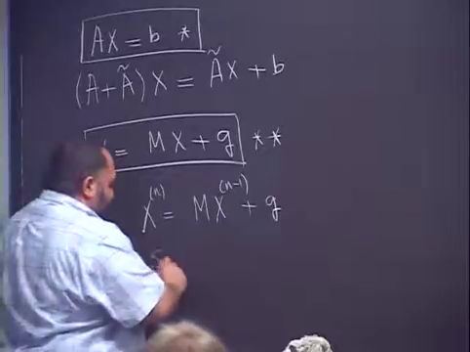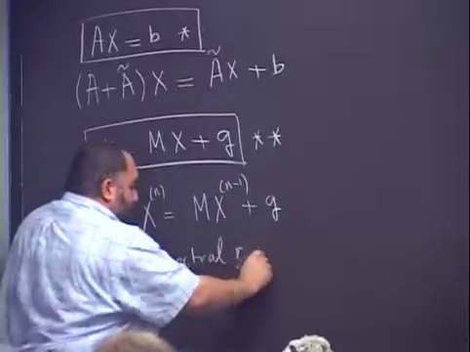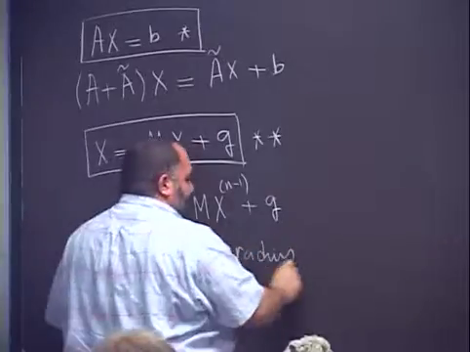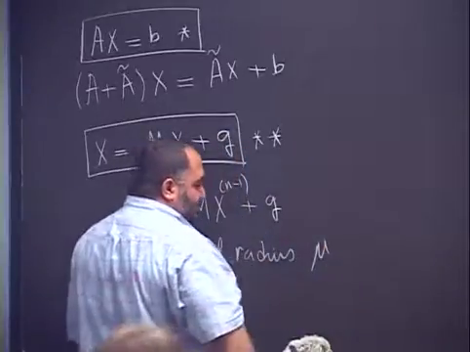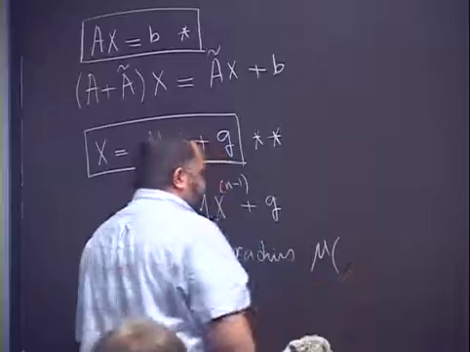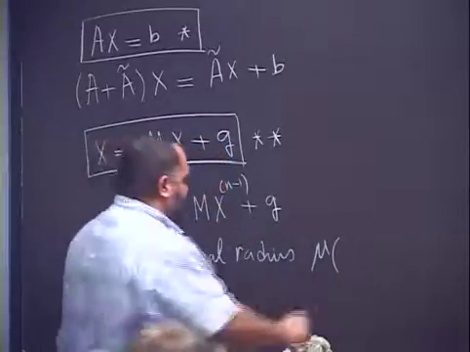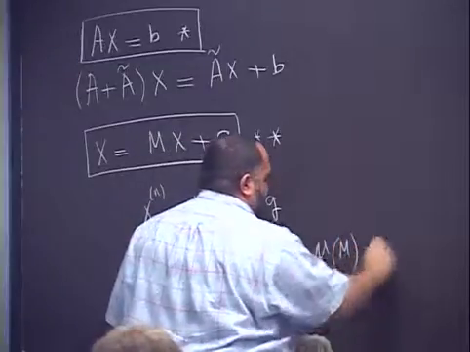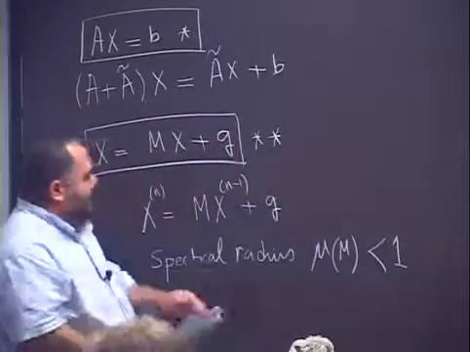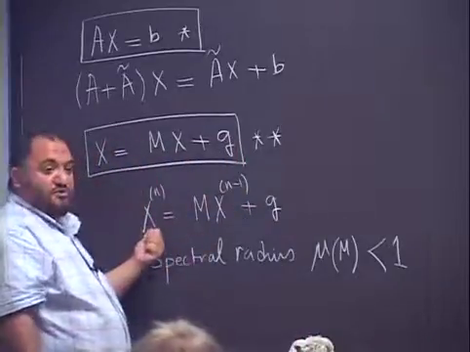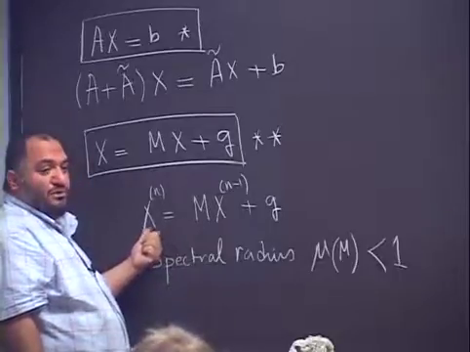The spectral radius of what matrix, mu, for this equation? What matrix here? M. So mu of M, the spectral radius of matrix M, is less than 1. And once this converges, the vector x we will obtain is a solution of what equation?